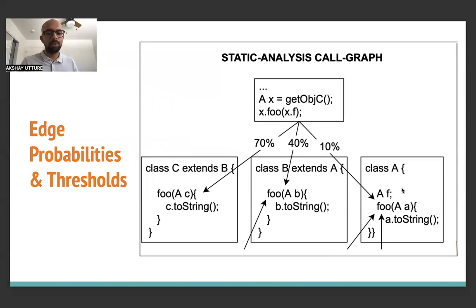We would prune all edges that have less than 50% probability. And so we prune out the two edges to b.foo and a.foo. As a consequence, when we run a null pointer analysis, we'll prune out the two warnings at b.toString and a.toString, while retaining the one true edge and the one true null pointer warning.